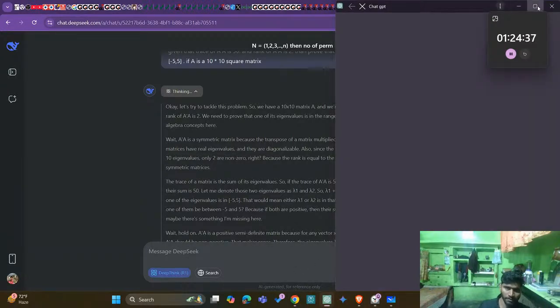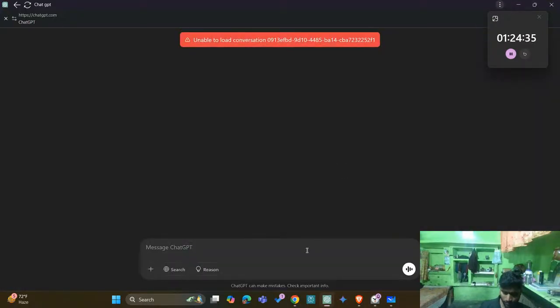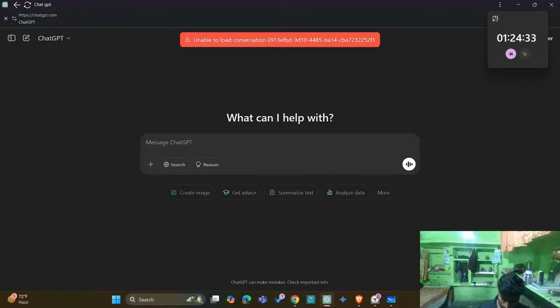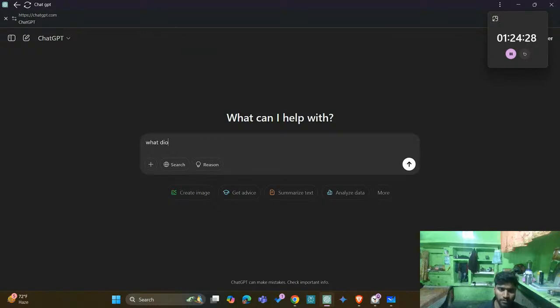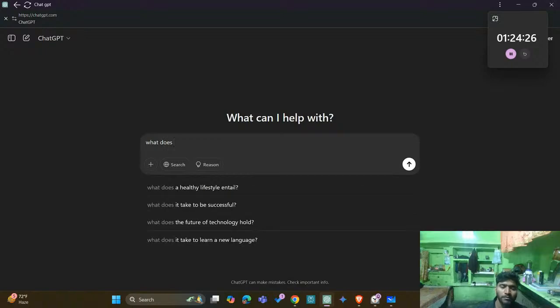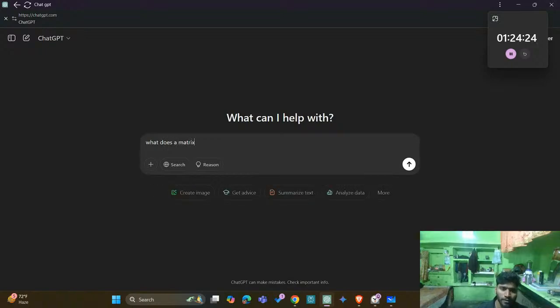What does it mean for a matrix to be diagonalizable?